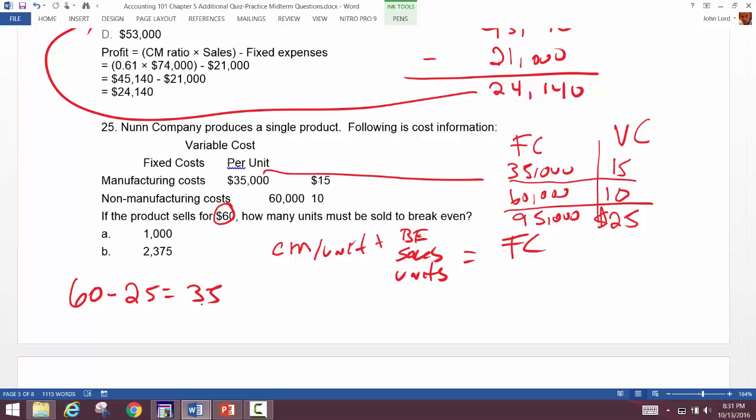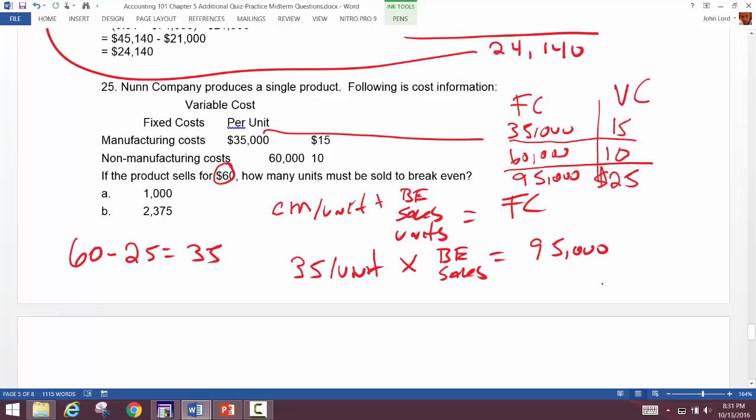So now I simply say, okay, good. $35 per unit contribution margin times my break-even sales equals my fixed cost, 95,000. I don't get myself all tangled up in, do I get the operating? Okay. And so what happens? Now I just take the 95,000 and divide that by $35 per unit. Got to equal my break-even sales, which is what here in units?